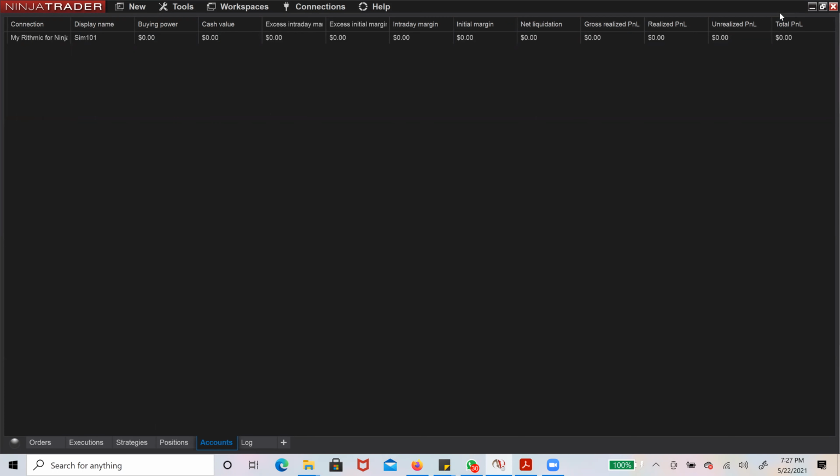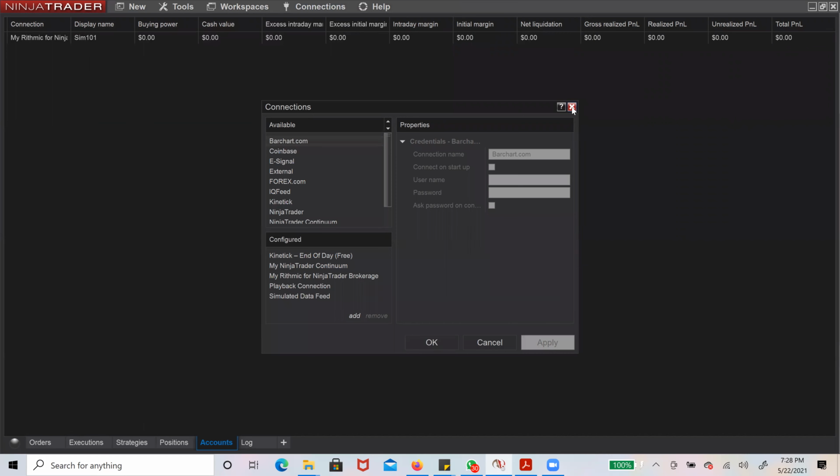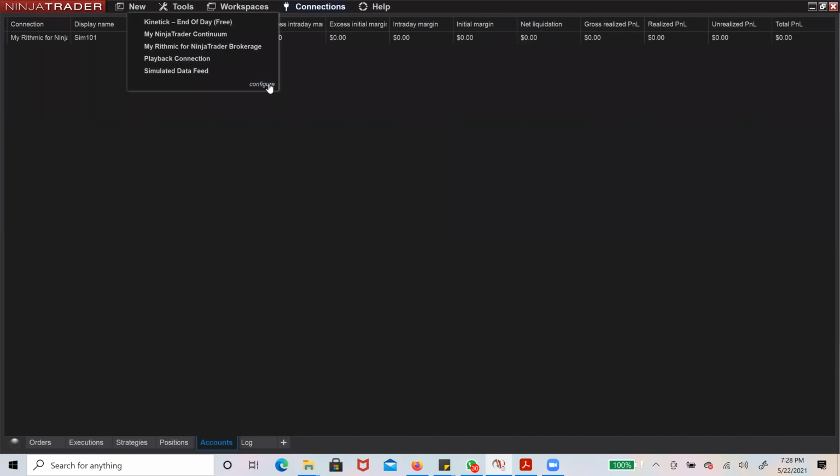Now, going back to the platform and the connection strings. I have opened the account and have everything ready, so how can I register and connect? Just go back here to Connections, Configure.